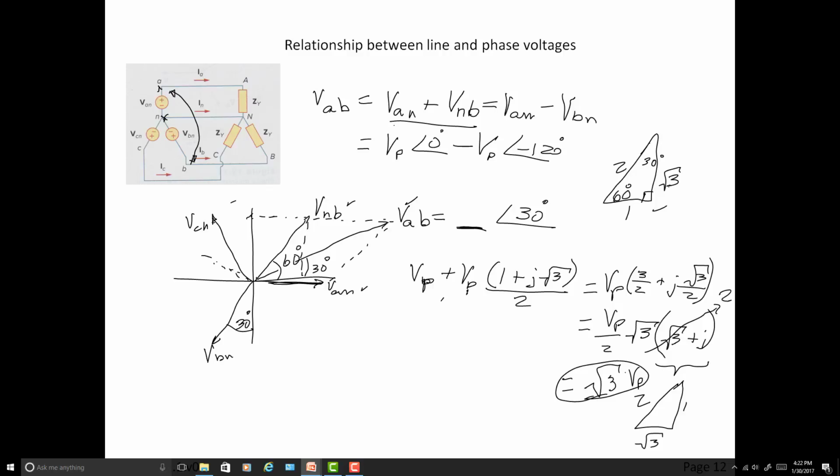A right angle 45 is 1, 1, and the square root of 2. So you like to keep that stuff in mind. Some things like that you'll just keep in mind. They're not hard to remember, and they're really handy because they keep your mind focused on the problem solving.